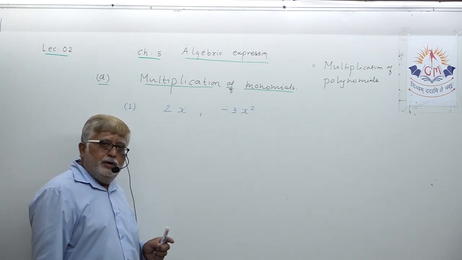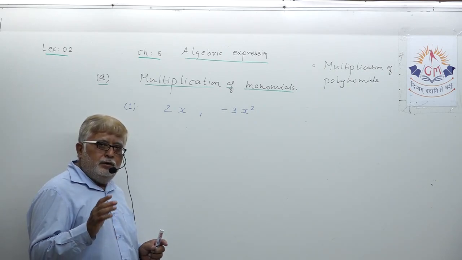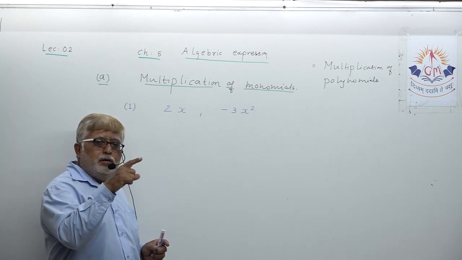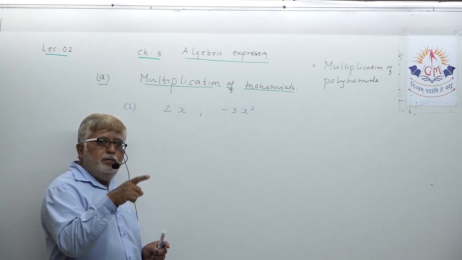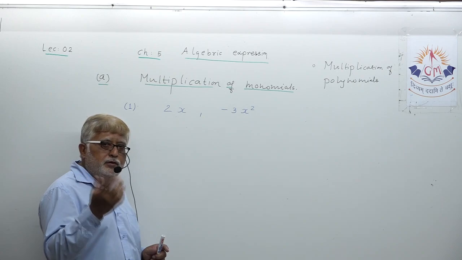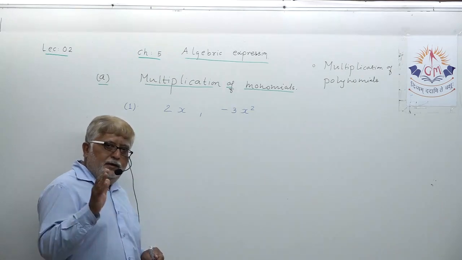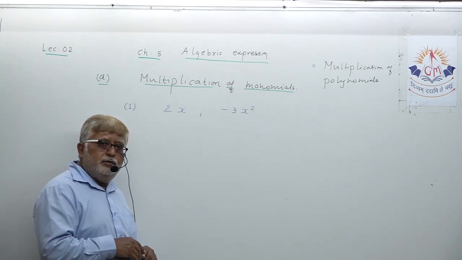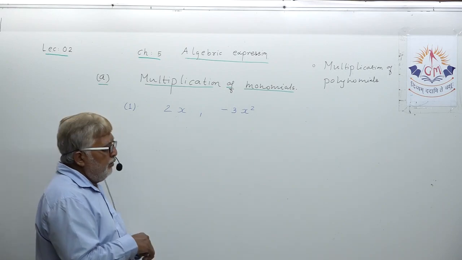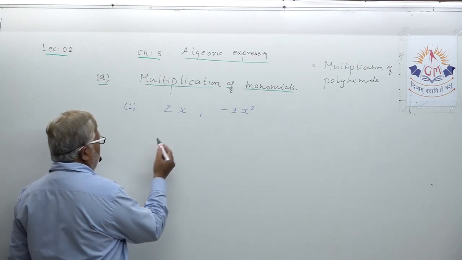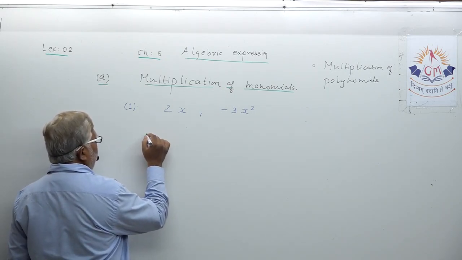You have to remind yourself a little of the concept of powers and exponents, which you have studied, at least some basic concept, in 7th standard. So how can I multiply these two terms?